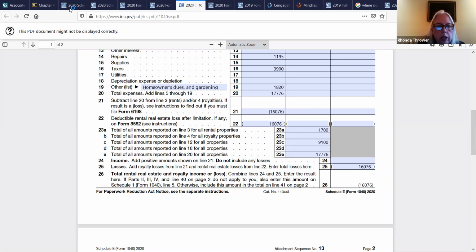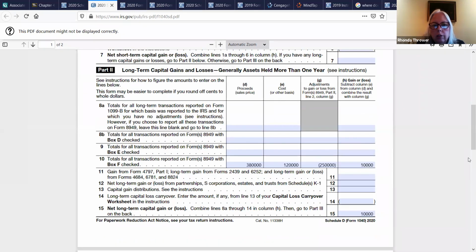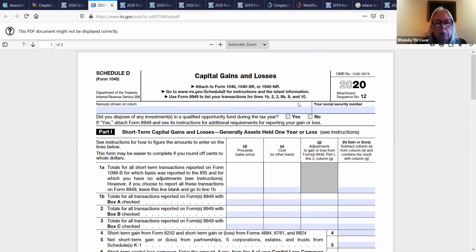So I'm going to pick up Schedule 1, line 5, which is somewhere, it's not this one. Having some trouble finding it, so just bear with me.